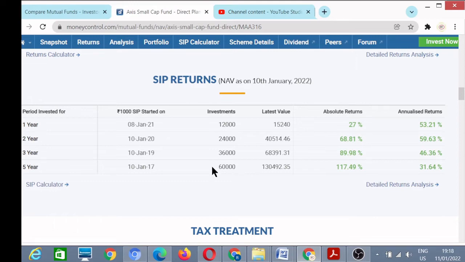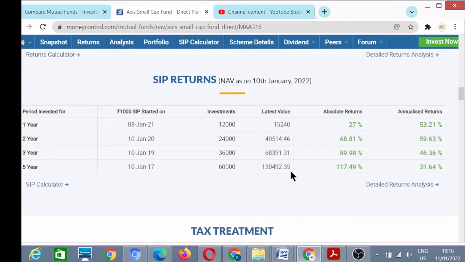Now the value of investment is 1,30,000. So you had a profit of 70,000. 70,000 profit means a profit of more than 100% in the last 5 years.